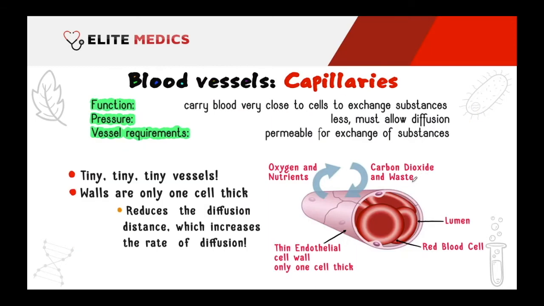All right, so on to capillaries now. I told you capillaries are the smallest and finest of our blood vessels. So their whole job is to carry blood very close to the cells and to make sure it gets to those cells in close proximity to allow diffusion of things like oxygen and nutrients.